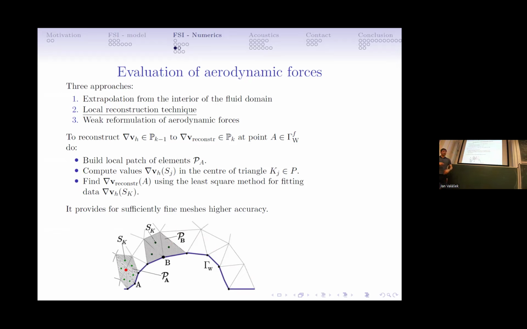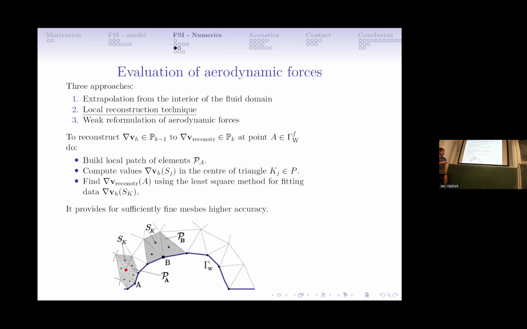The second option we suggest was to use a reconstruction of this velocity gradient, which is usually one order less than the used finite elements, and to really increase the polynomial degree of this approximation by the reconstruction. And this we did by the classical Babuska recipe.